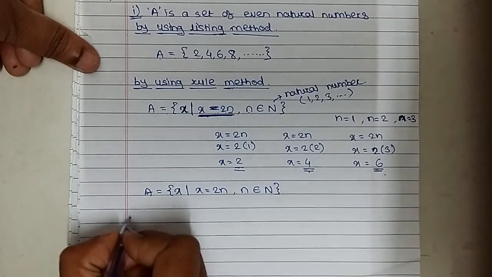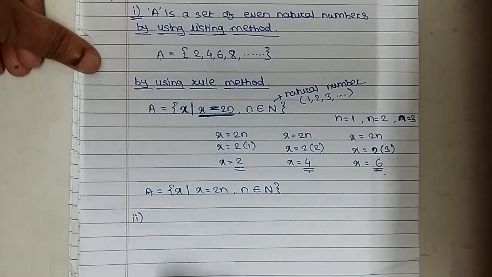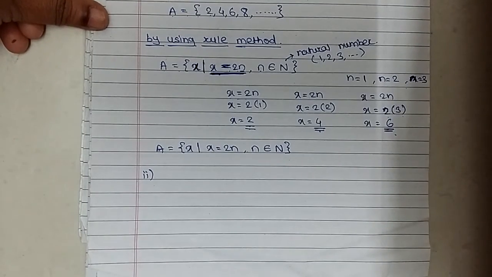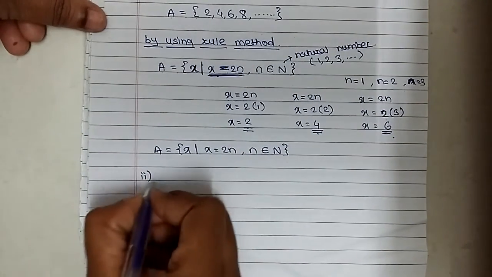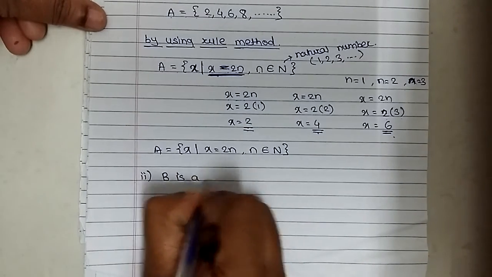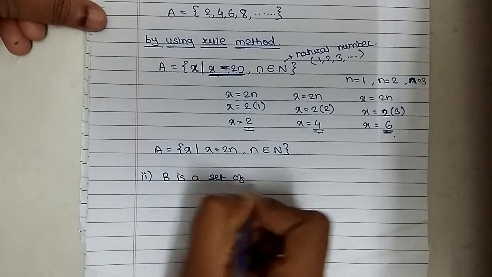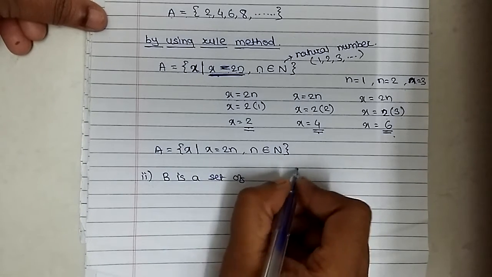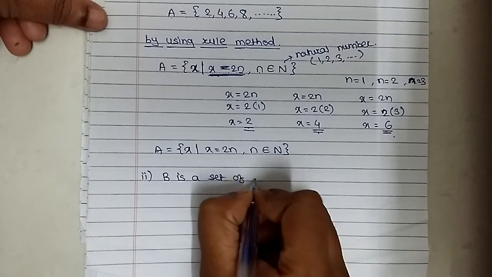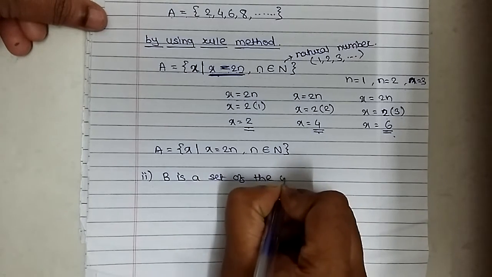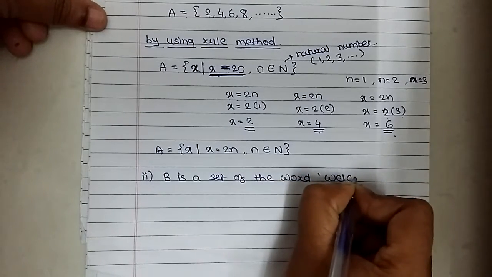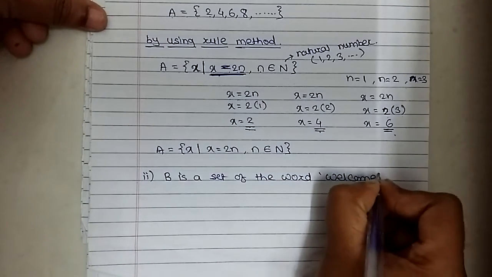Then consider the second example. Suppose B is a set of the letters of the word welcome.